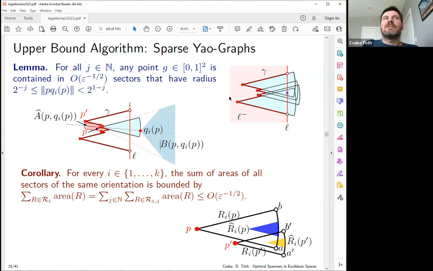So there's a minimum distance between two of these apices. In other words, if P is one of the apices of the cone, then another apex cannot be in this pink region. And this gives a lower bound.